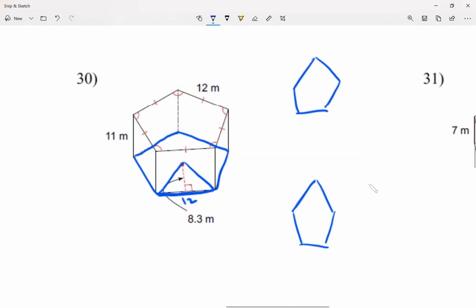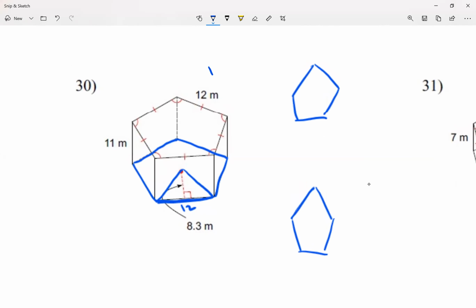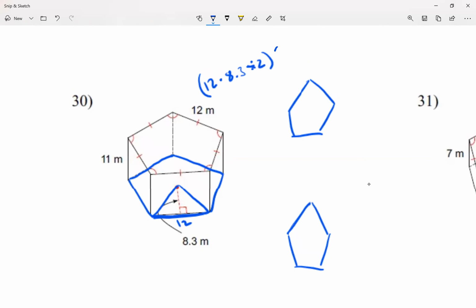So for the area of the base, I'm gonna go 12 times 8.3 divided by 2. 12 times 8.3 divided by 2, that is 1 triangle. My result, let me multiply this by 5 because there are 5 sides.